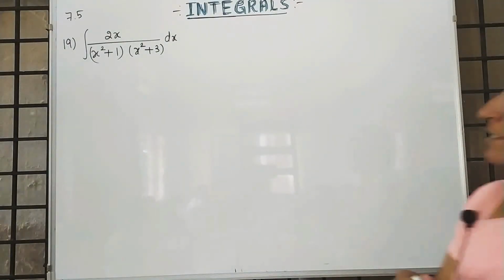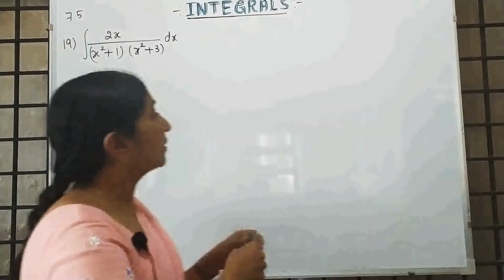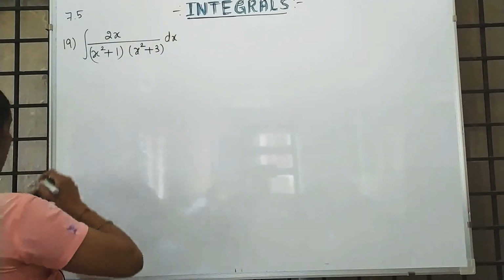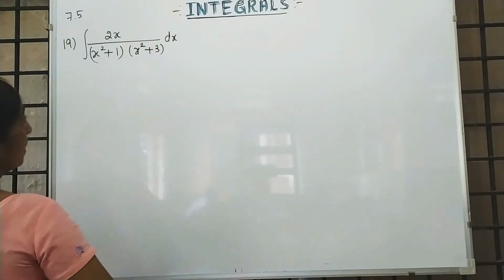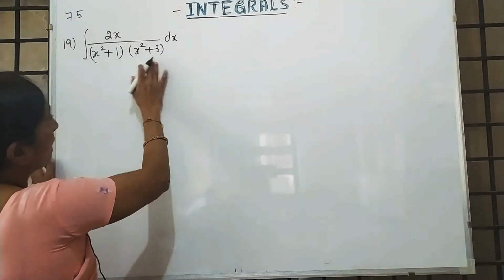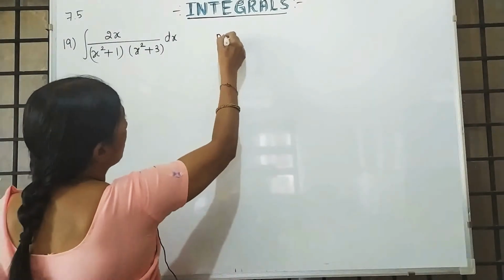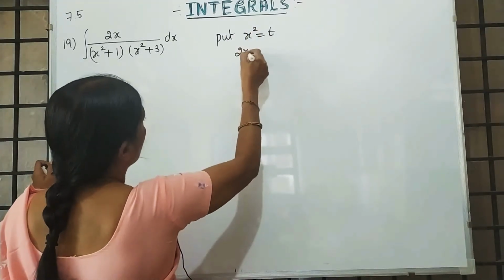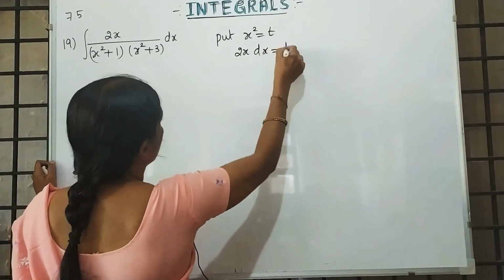Moving to the next example, that is example number 19. Integration of 2x/((x² + 1)(x² + 3)). Here you are familiar, before applying partial fractions, if you write x² = t, differentiation of x² is 2x dx = dt.